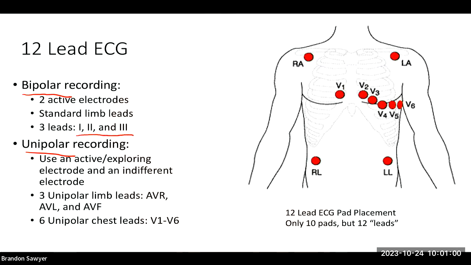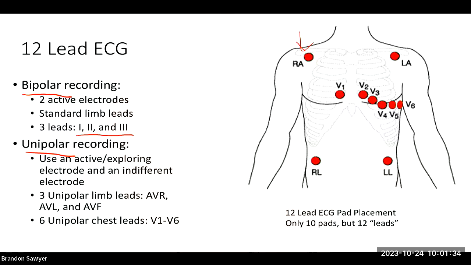We get three different views of the heart this way: lead 1, 2, and 3. In a second we'll see which combination of pads is used for each. You don't see 1, 2, and 3 on there because we're talking about two pads together and the line between them, that's what the lead actually is. The key difference is we have two active electrodes we can name.